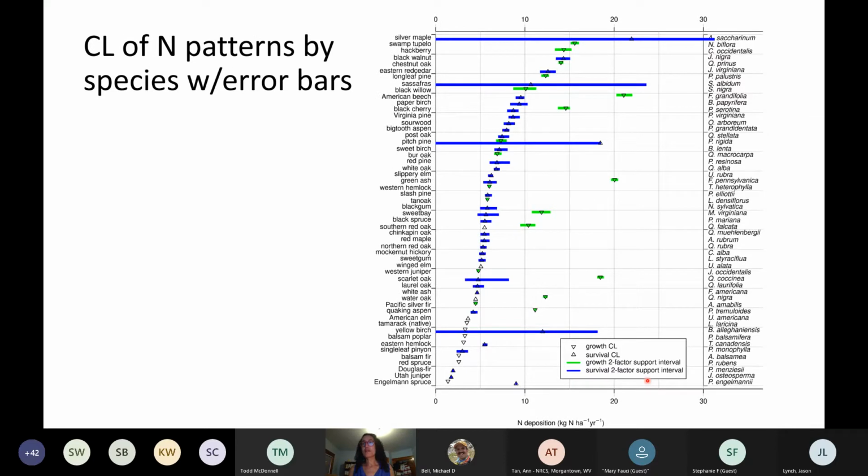I've added in the support interval in each direction. So the survival are now colored blue and the growth are colored green. And note that the interval is not always symmetrical.